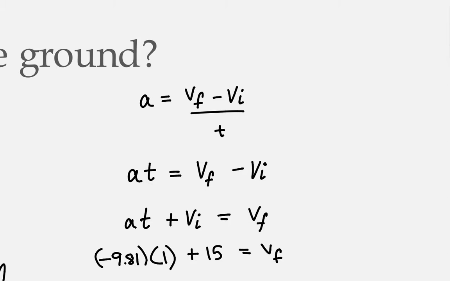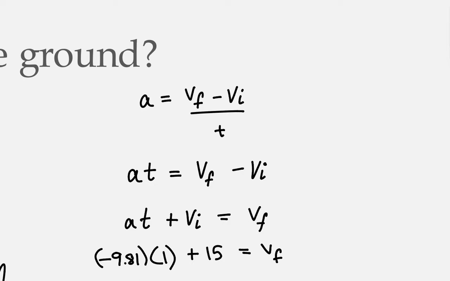What would your speed be after 2 seconds? How about this question? Are you still traveling up after 2 seconds? Negative 9.81 times 2 is 19.62, plus the 15.